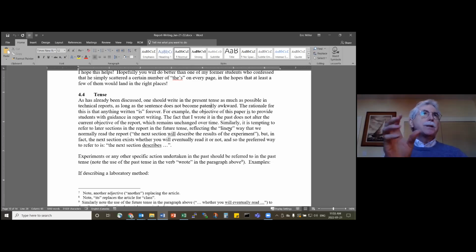But I would argue it's better to say "Section 2 discusses this," because the reason the future tense sounds natural is that we haven't gotten there yet, and we read in a linear way. But in fact, section 2 contains material. Notice the present tense there, contains material, whether you read it or not, and whether you skip over it or haven't read it yet, that content is there, and this is what it contains. So in general, the present tense just makes a lot of sense.